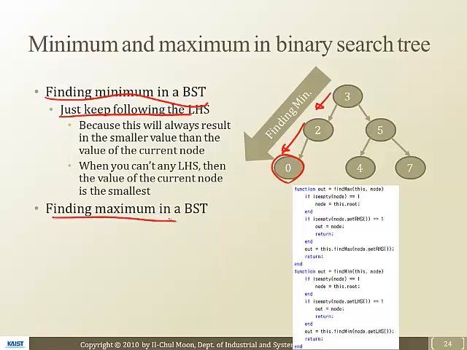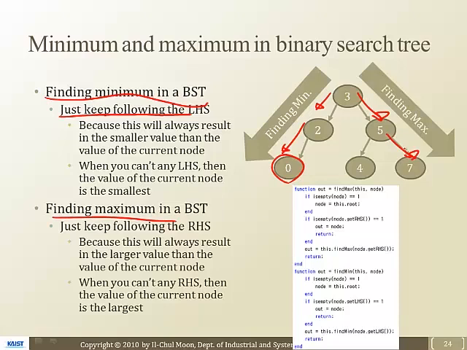Finding the maximum is the same thing. You have to go to the right-hand side all the way down, bigger value, bigger value, bigger value, and then we can't go to the right-hand side any further. It means that we already hit the maximum value, right?